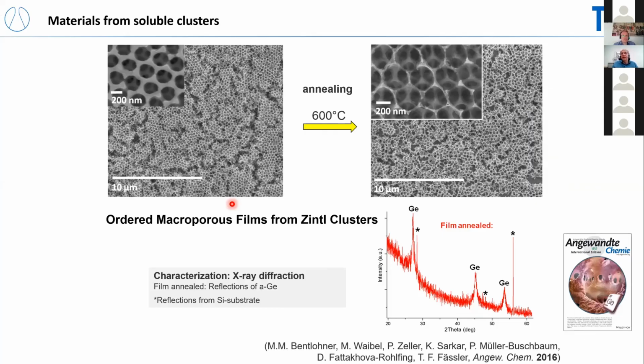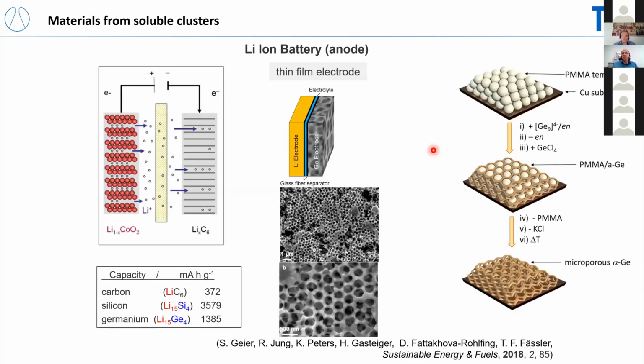We can even temper this. We get thin frames of crystalline germanium, and this we can use to make thin film batteries. Currently with germanium, we will have a much higher capacity of germanium anodes with lithium compared to graphite. This is a factor of 4. In silicon, it's a factor of almost 10.